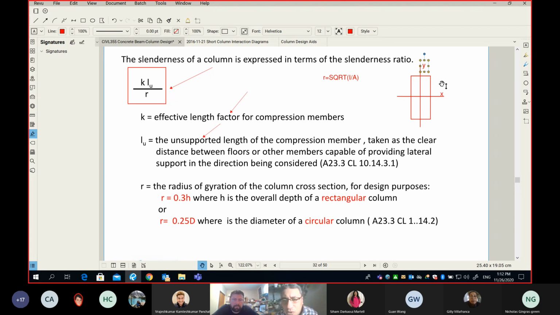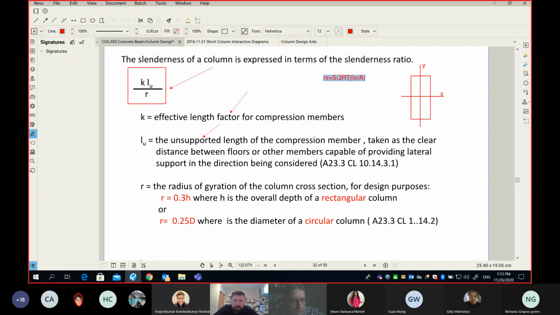So you know that there is a moment of inertia about the Y axis and a moment of inertia about the X axis, and they are different. Because there is something called Iy and Ix, and there is something called I maximum and I minimum, the r value is not only one number. For the same section, you can find rx, which is equal to the square root of Ix divided by area.